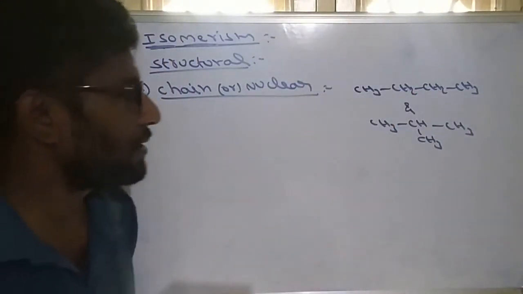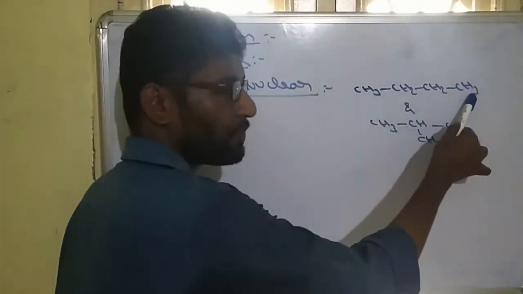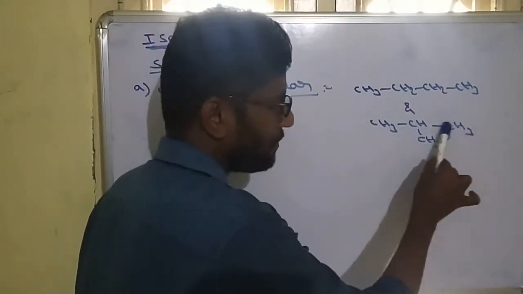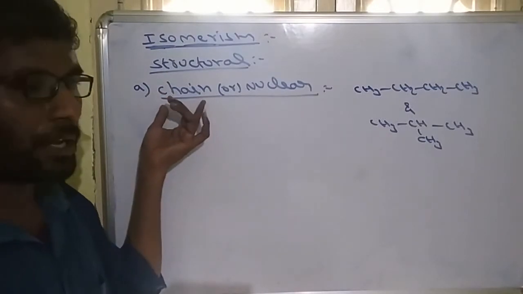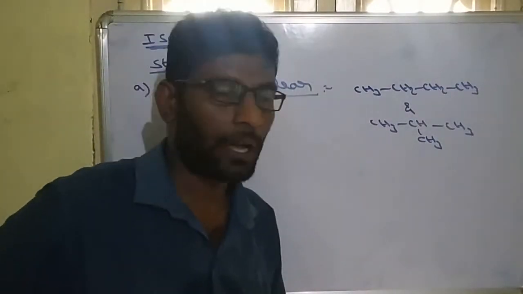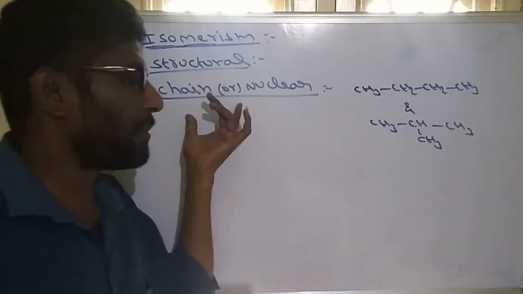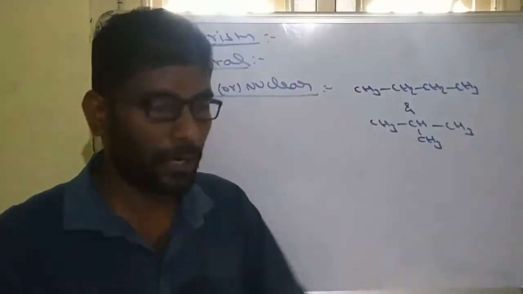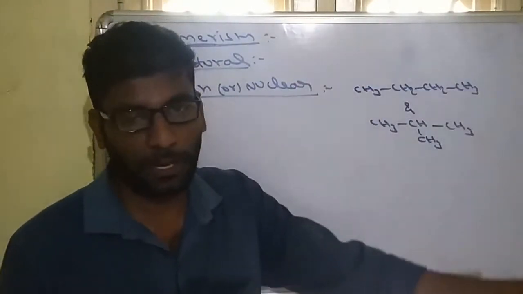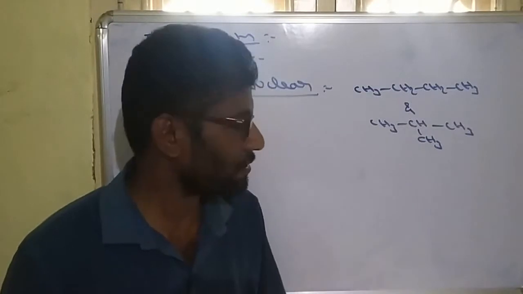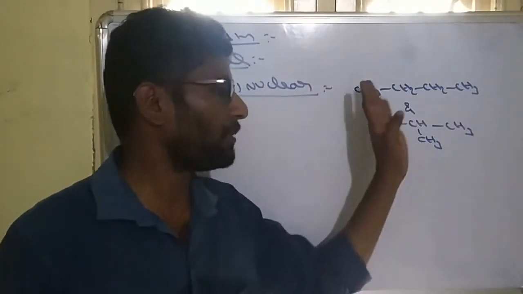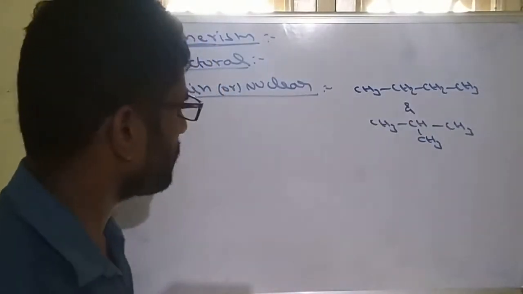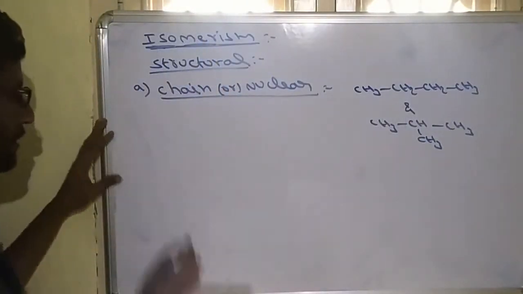The carbon length of one is 4 carbons, but the other is only 3 carbons. When the carbon length is different, those are called chain isomers, also called nuclear isomers. Chain isomerism of alkanes starts from 4 carbons. 3 carbons do not exhibit chain isomerism, so a minimum of 4 carbons is required. These are the chain isomers.